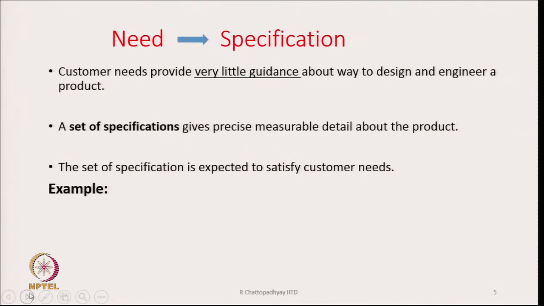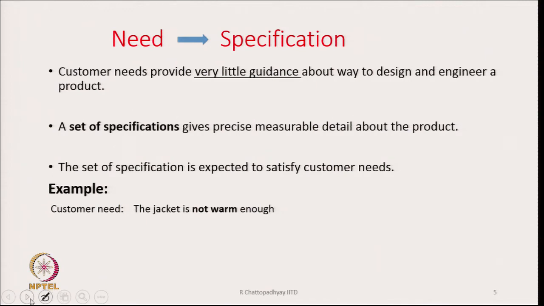As an example, let us say the customer need is that the jacket is not warm enough. This is the customer statement. It is a winter jacket, and the customer says the jacket he is using is not warm enough.